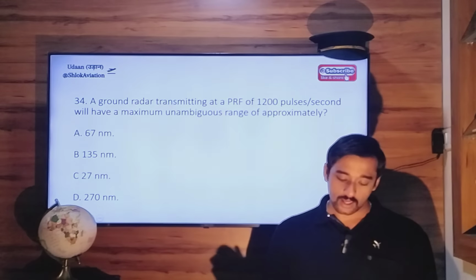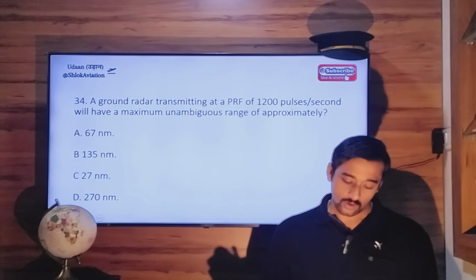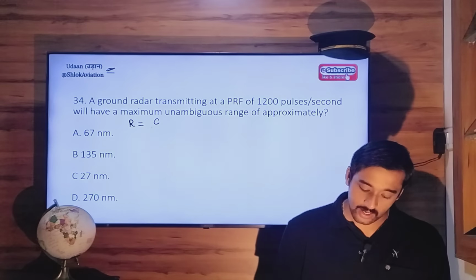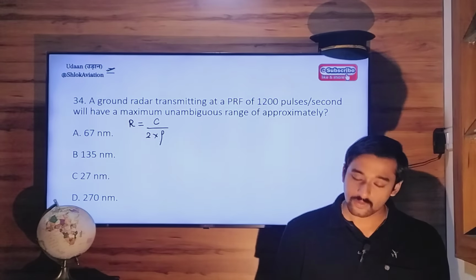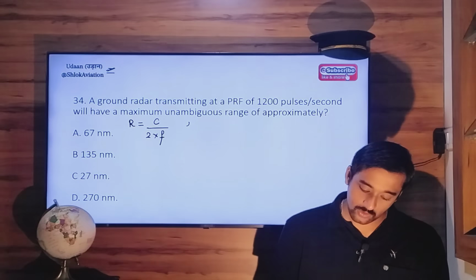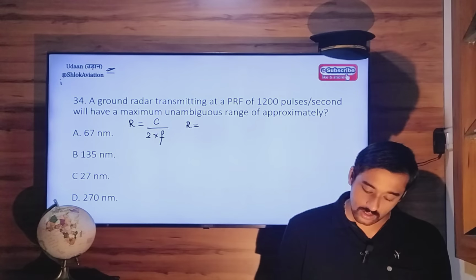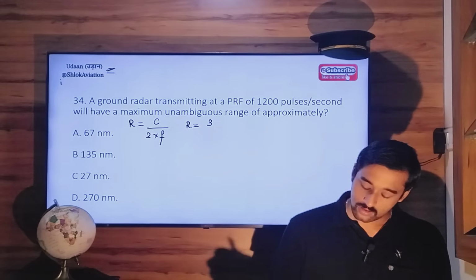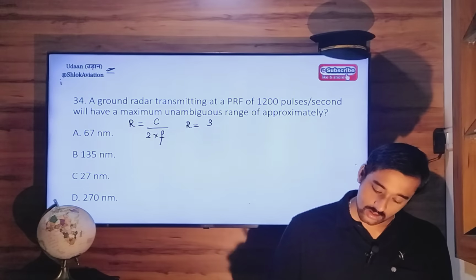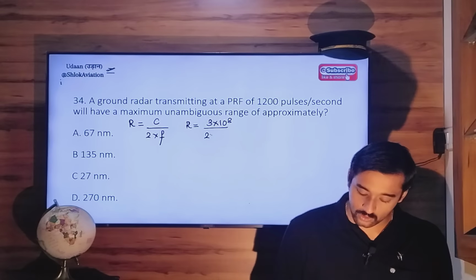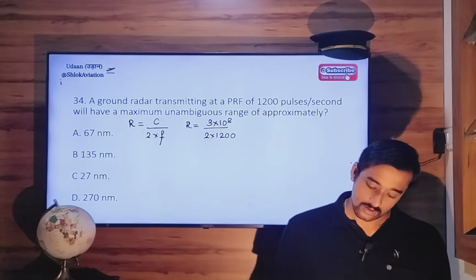Question 34. Frequency is given to you. What is range? Range is equal to speed divided by 2 into frequency. So range will be speed of light 3 into 10 raised to 8 divided by 2 into 1200.